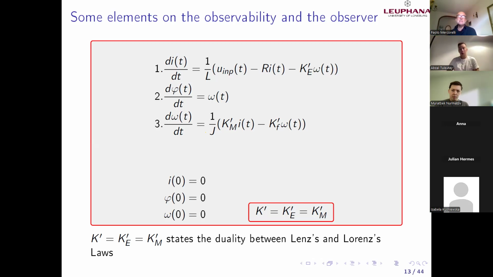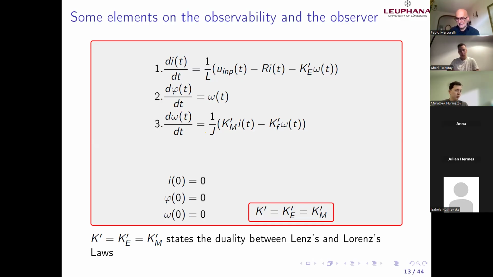You have the input in the first equation, just in the first equation, because the input is going through the electrical system, which is mainly described by the first equation. Of course, we can see the current also present in equation number 3, because as I told you, the system is coupled. Omega is also present in equation number 1 and equation number 2. The system is coupled.